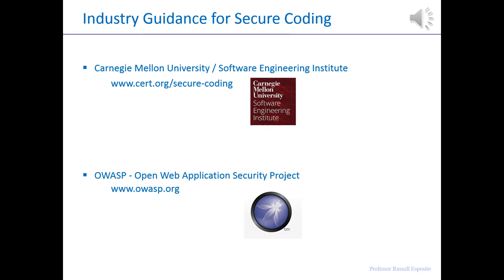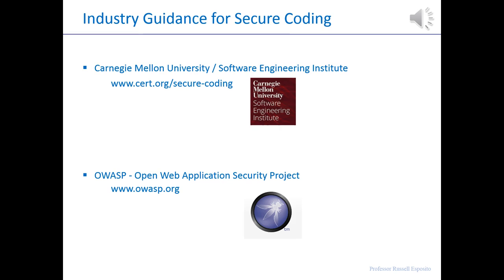So these are a few sources that provide industry guidance for secure coding, safe programming. There are lots of different sites, obviously, for all sorts of security, but these focus specifically on coding. So Carnegie Mellon has a site that offers a number of different topics regarding secure coding, including what they think the current threats are and different training and educational connections.